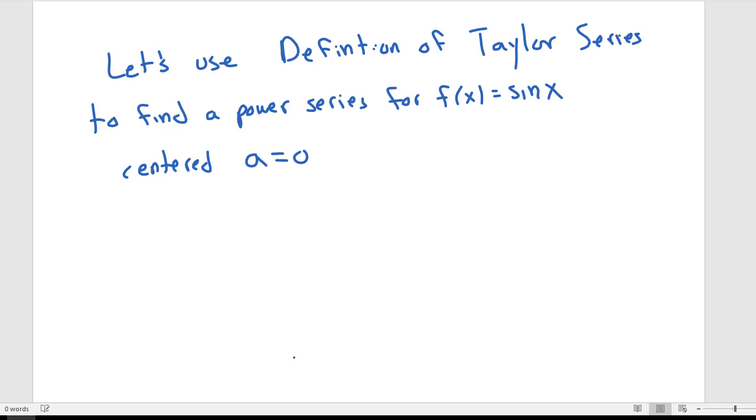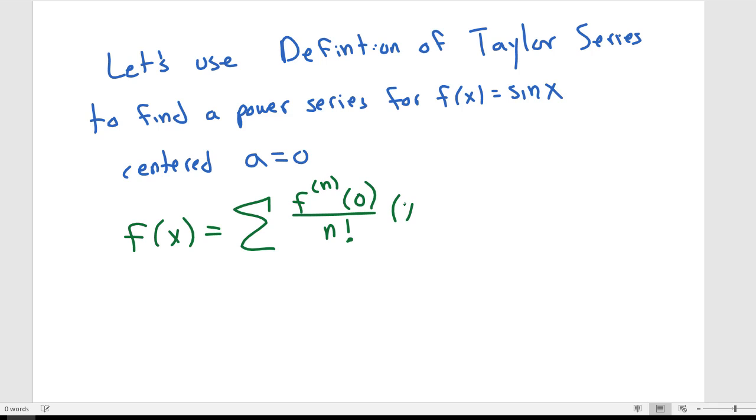Okay. So remember our definition was that f of x will have a power series of the form: we take the nth derivative of the function, in this case centered at 0, and then we have x minus 0 to the n.